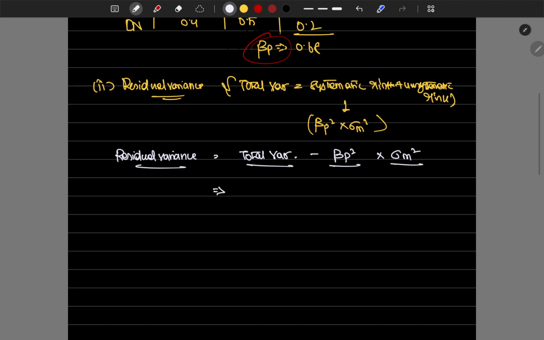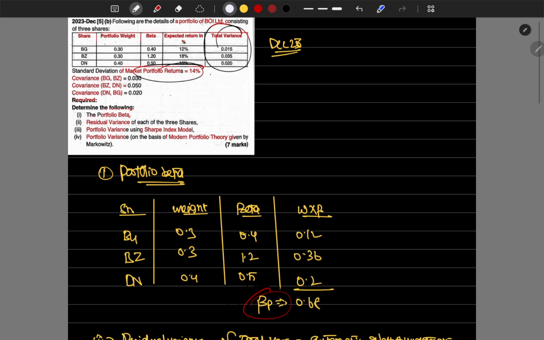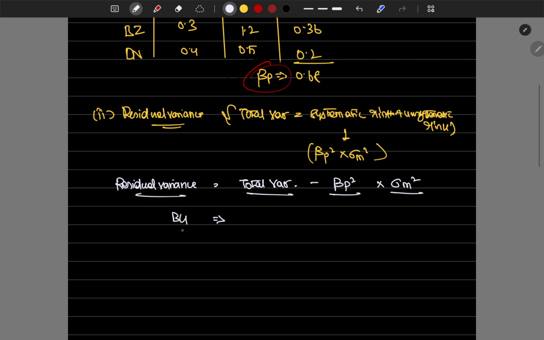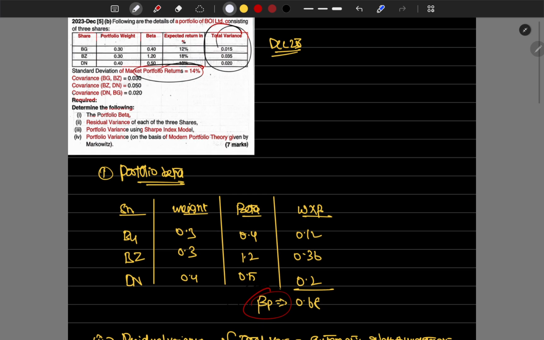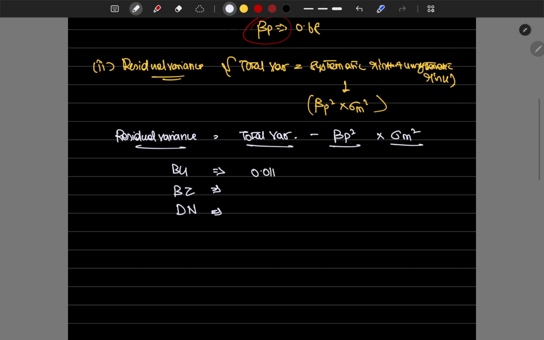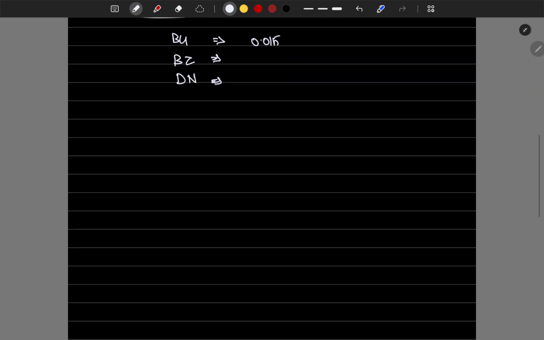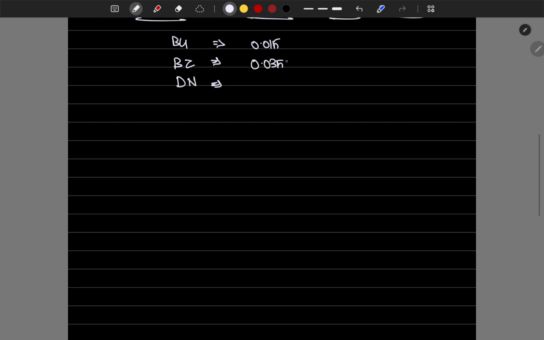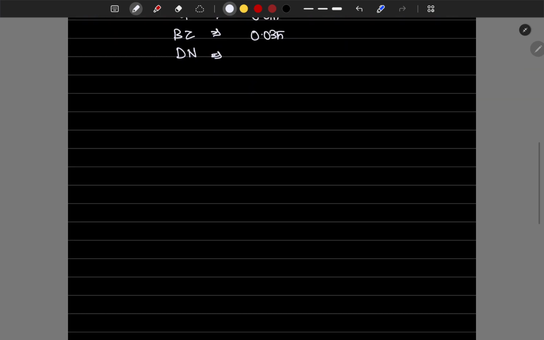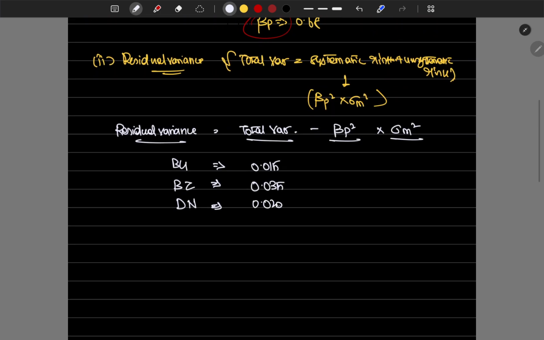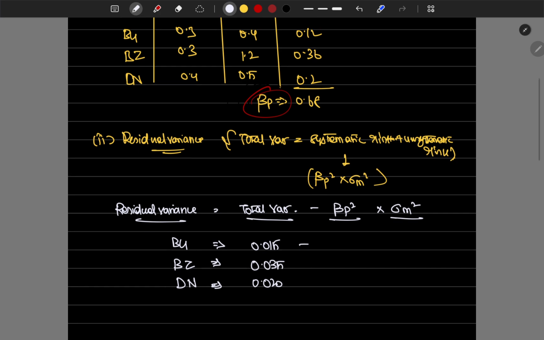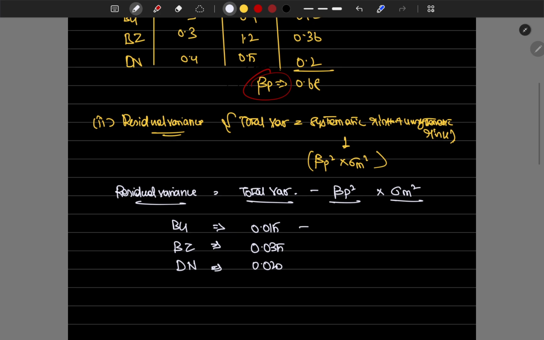For BG, BZ, DN, what's the total variance? 0.015, 0.035, 0.020, minus portfolio beta, which is 0.68, squared is 0.4624.